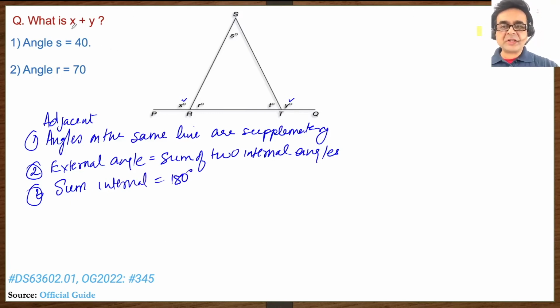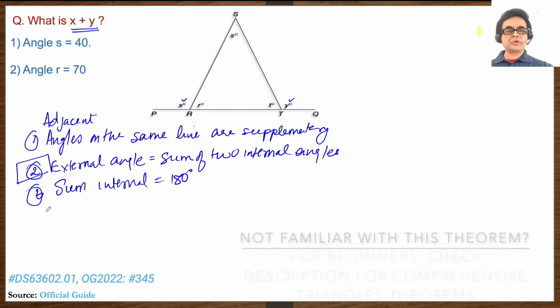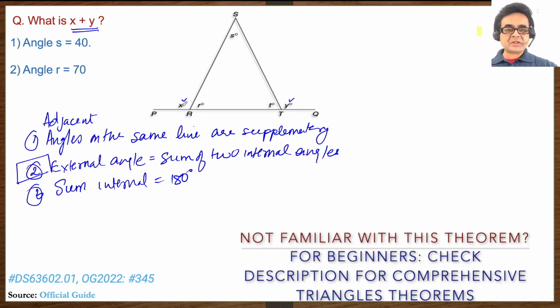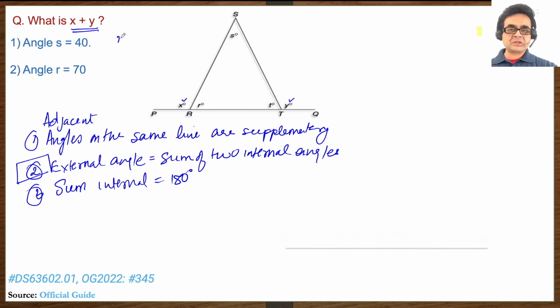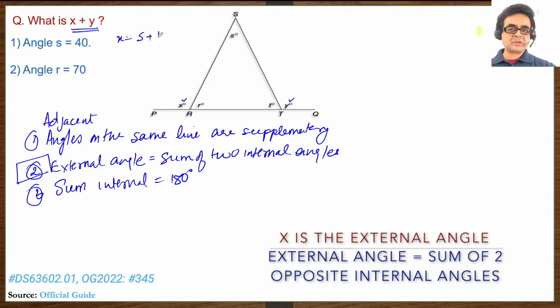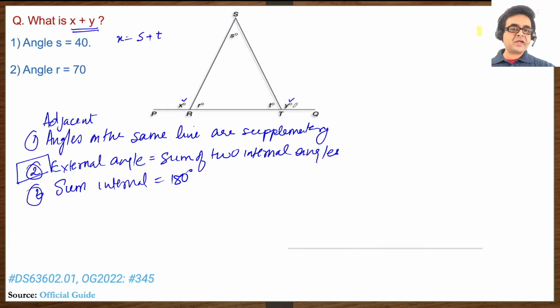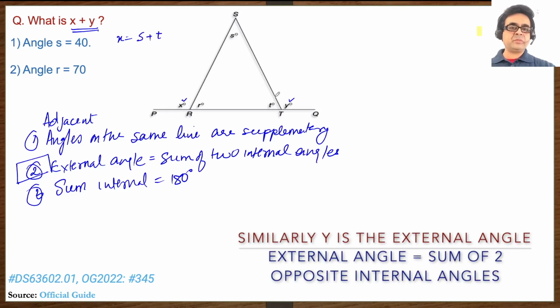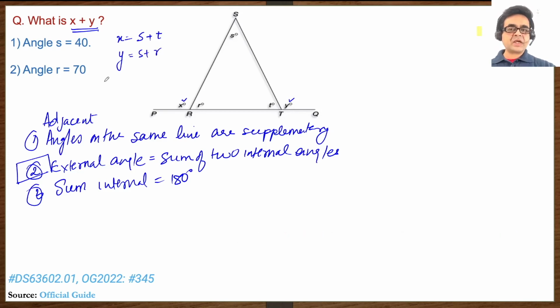We are asked to find the value of x plus y. I am going to use theorem number 2 first. So I know that x, which is an external angle to this triangle, would be equal to s plus t. So x equals s plus t. I also know that y is an external angle, so it would be equal to s plus r. So x plus y would be nothing but t plus r plus 2s.